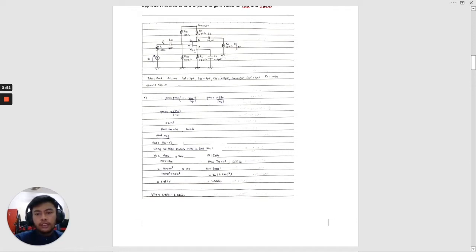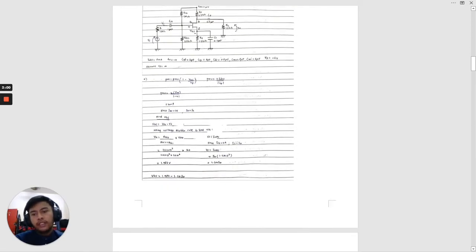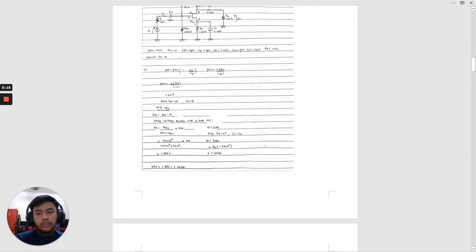And then we cannot find gm because the VGS value is missing. So we need to find the VGS value first. To find VGS, first we use the standard equation, which is VGS equal to VG minus VS. By using the voltage divider rule to find VG, we take the resistor RG2 because it covers the area of VG.